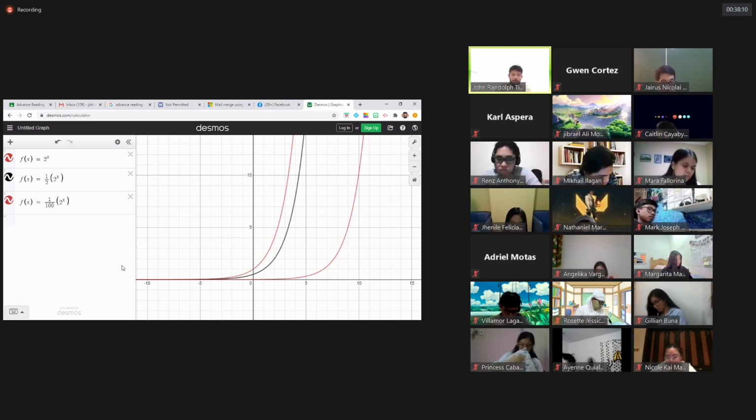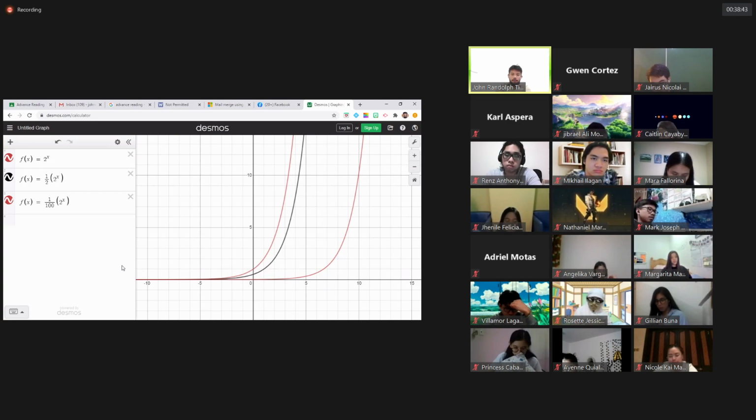By analyzing equation 2 compared to equation 1, what can you say about the transformation done? Y equals 3 to the power of x is your equation 1. And your equation 2 becomes y equals 3 to the power of x plus 1. What happened there? Does it shift to the left, shift to the right, shift upward, shift downward, vertically stretched upward, vertically shrink downward?